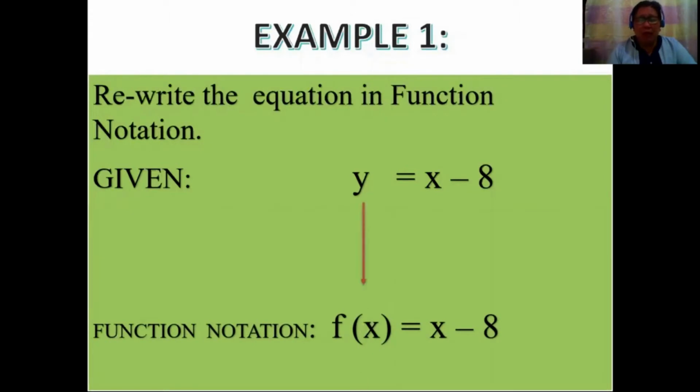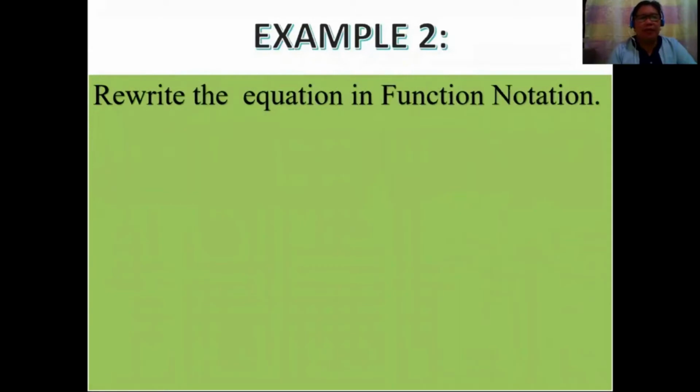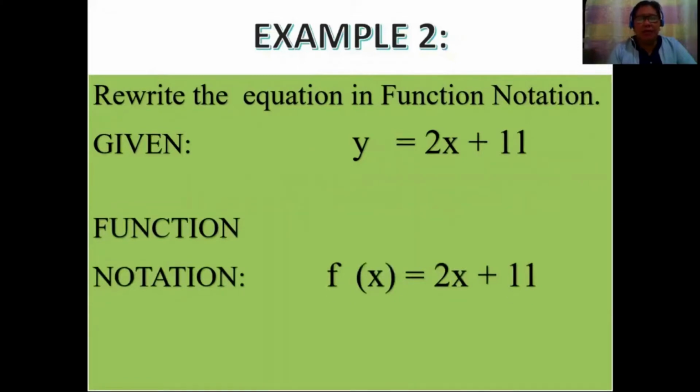Replace y with f of x and copy x minus 8. Another example. Given y is equal to 2x plus 11, the function notation is f of x is equal to 2x plus 11. Replace y with f of x and copy 2x plus 11.